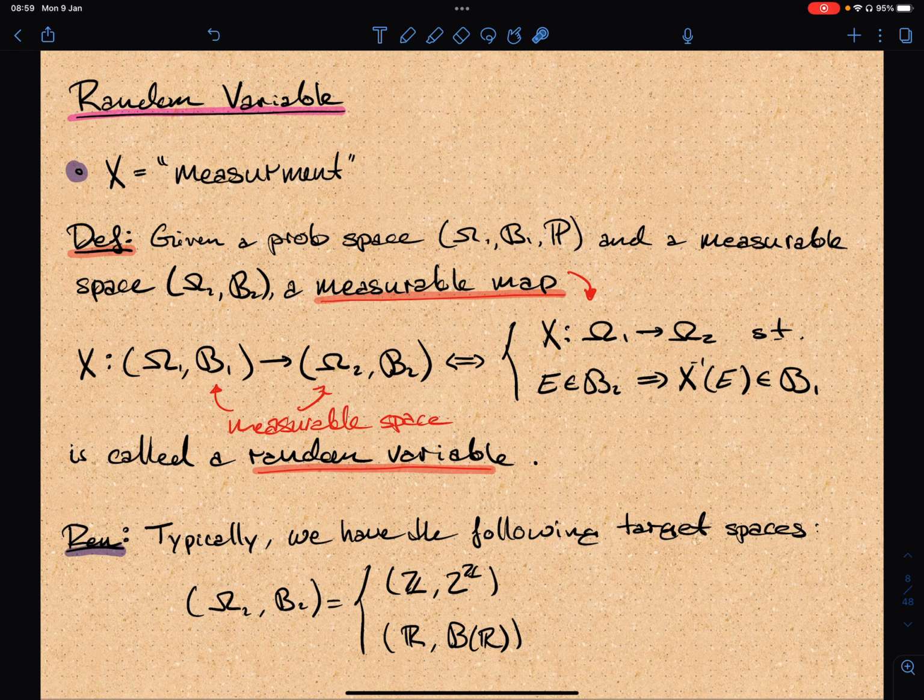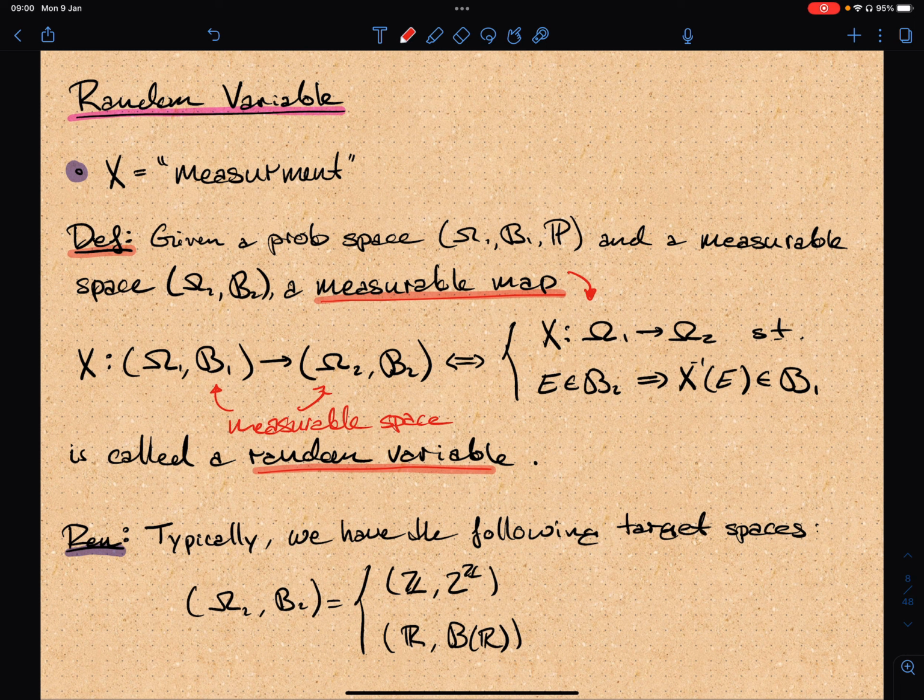And additionally, we have the condition that if E is in the sigma field B2, then the inverse image of E under the map X also has to be in the sigma field B1. So this is a technicality to make sure that everything's consistent, so that if we can measure an event in B2, then the inverse image is also an event that we can measure.